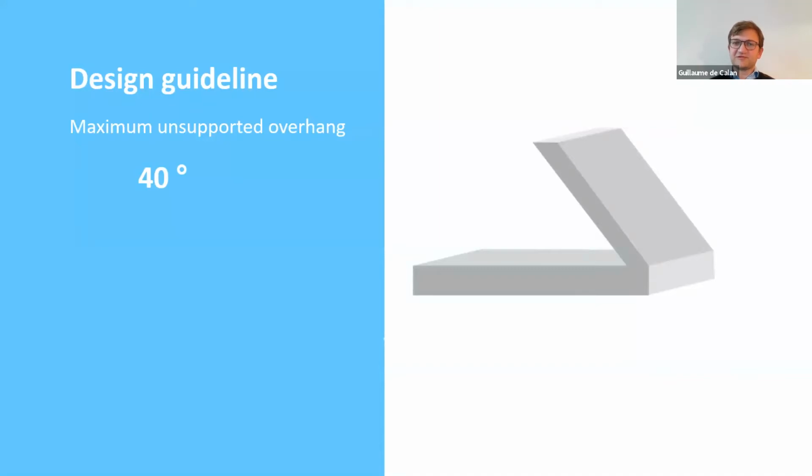This is really important because as much as possible, you should try to design parts that do not need any supports. That's really a significant advantage if you can avoid supports. And having that figure in mind will help with that. To know exactly how you design your part, you need to know what kind of angle you can print without supports.